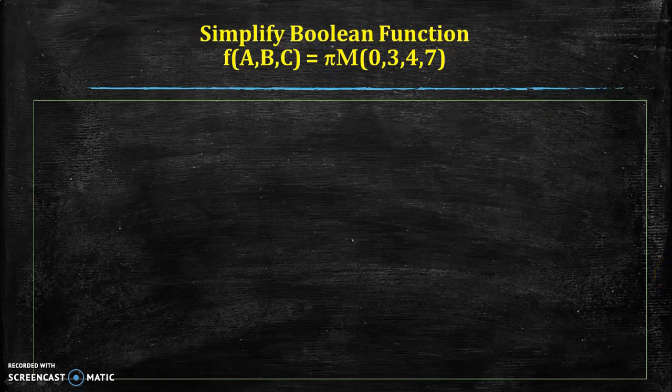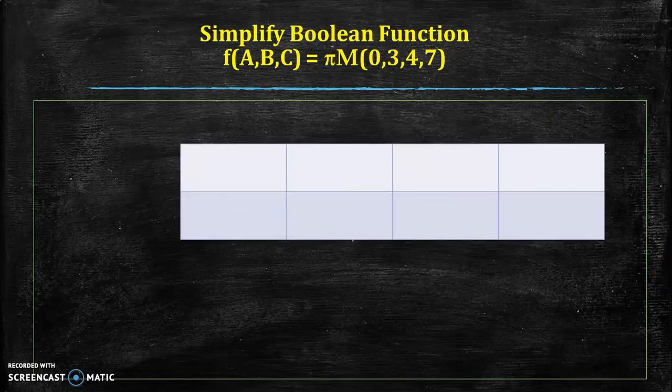For three variables, we have to prepare a K-map as usual with 8 cells. We indicate variables AB and give the equivalent numbers, that is 00, 01, 11, 10. We write variable C vertically, and then we give numbers 0 and 1.